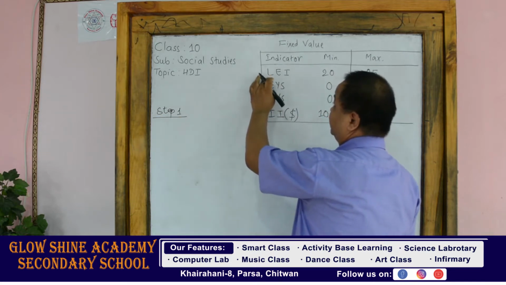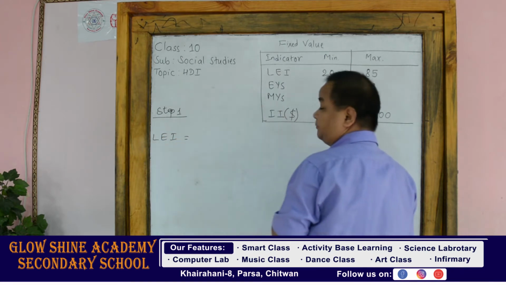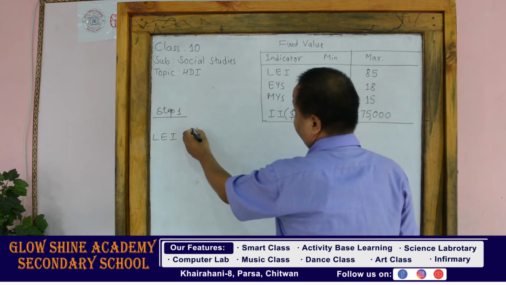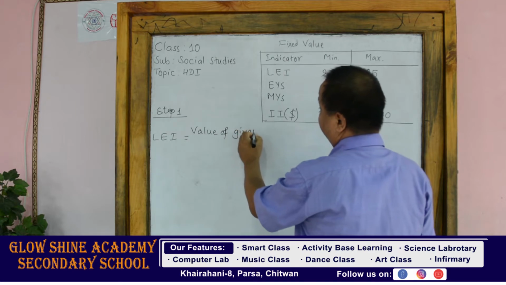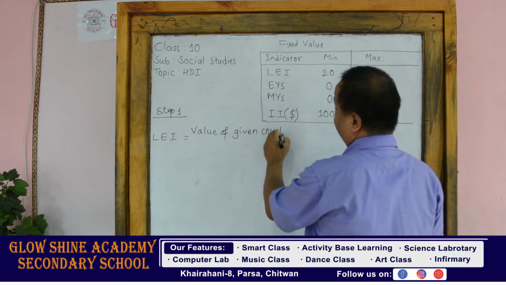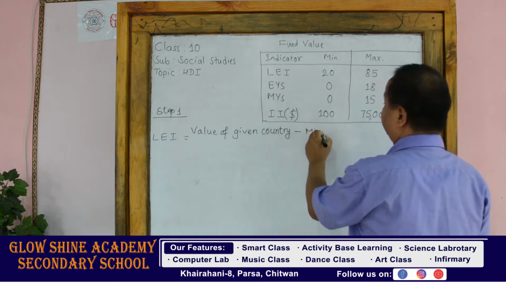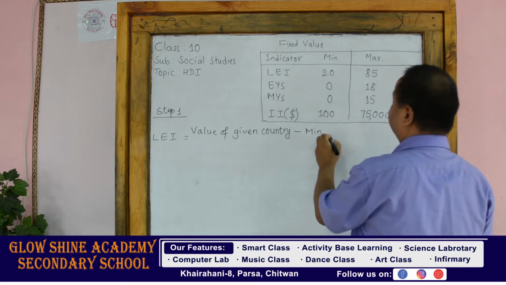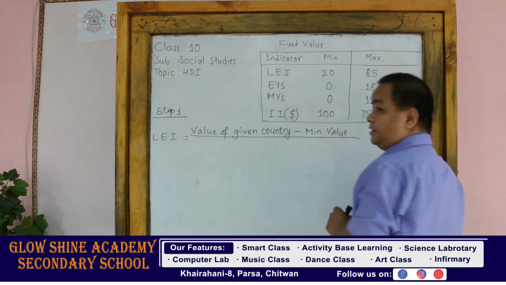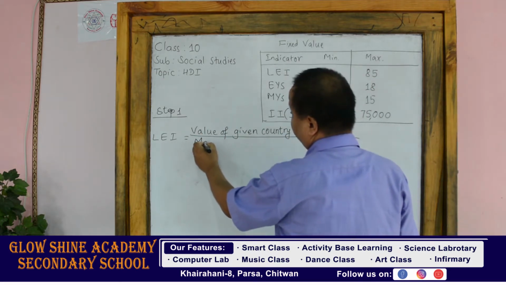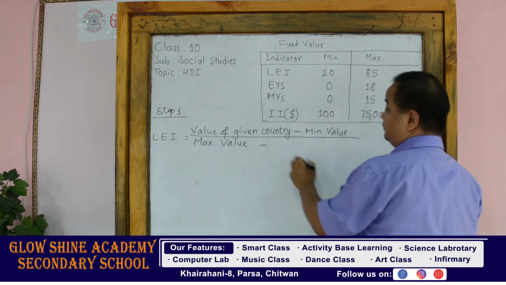What is the first indicator? LEI. LEI is equal to value of given country minus minimum value, divided by maximum value minus minimum value.